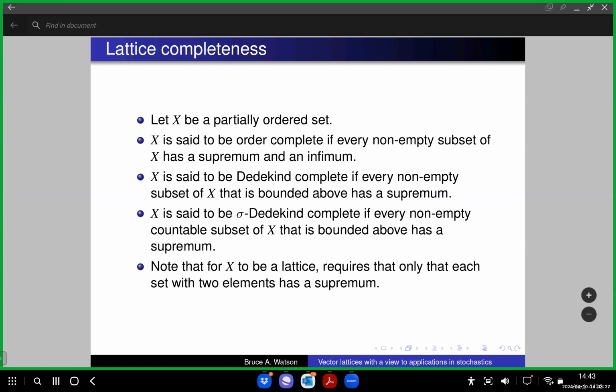And we note now, back at what we required for X to be a lattice, we only required that the supremum of each pair of elements existed. So these definitions here are given from the strongest constraint through to the weakest constraint on this page.